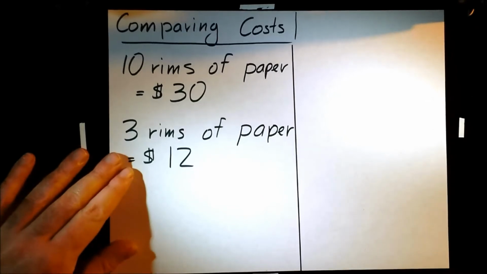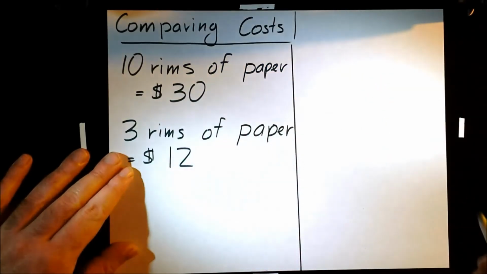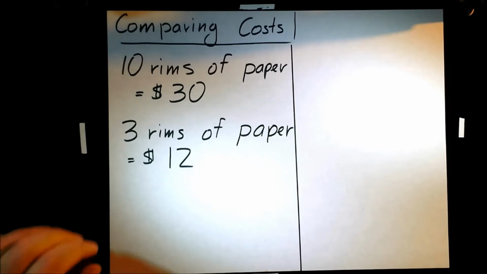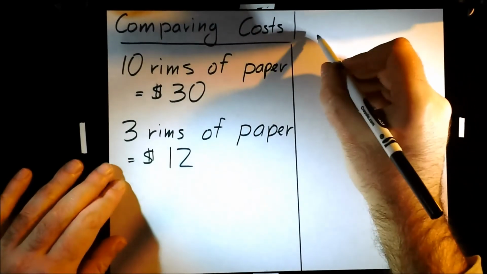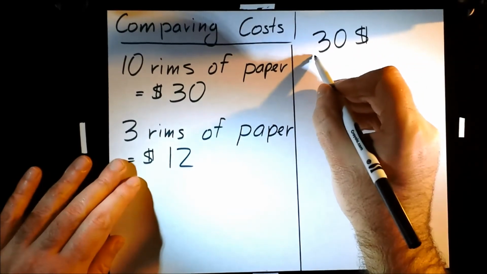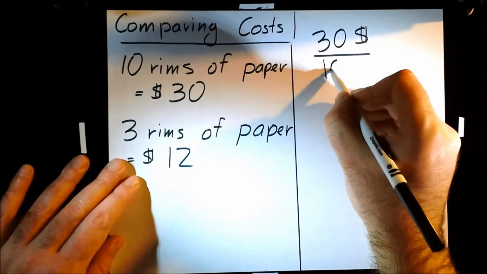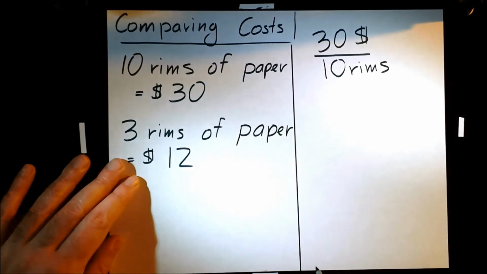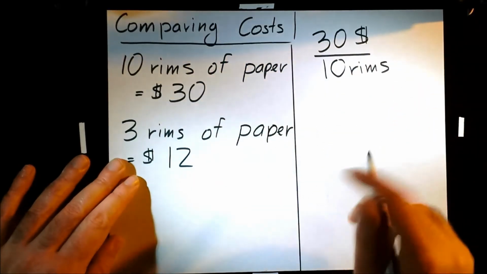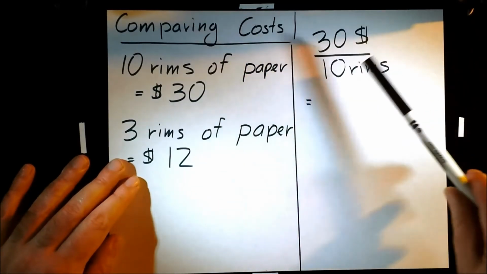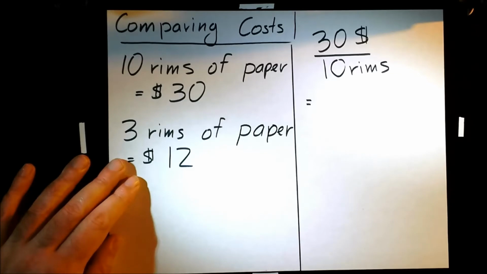Okay. So I'm going to write it as, I'm trying to find how much does each ream of paper cost. So $30 buys me 10 reams. Okay, all right. Can I simplify this? And I want the bottom to be 1.